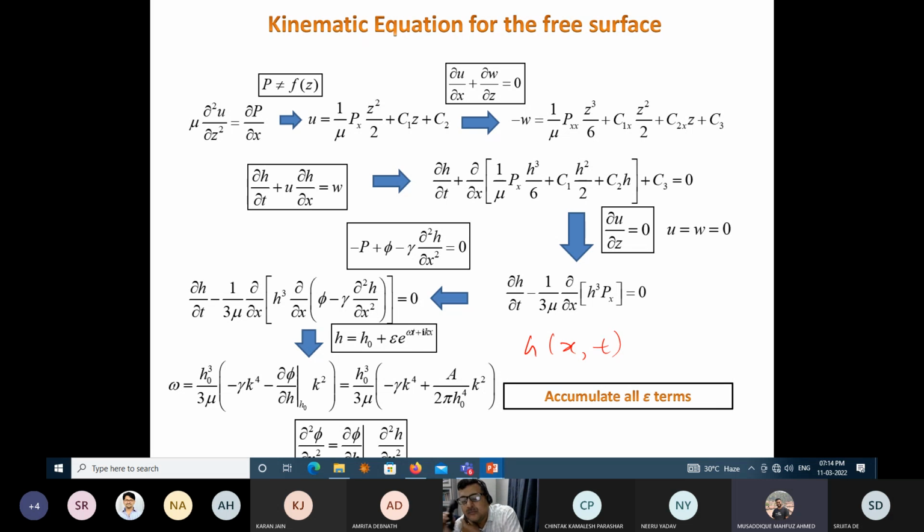It is nonlinear. How come? What is the nonlinearity? Source of? Sir, the H cube del X term is there. Very nice. H cube is the source of nonlinearity. What is the order of the equation?